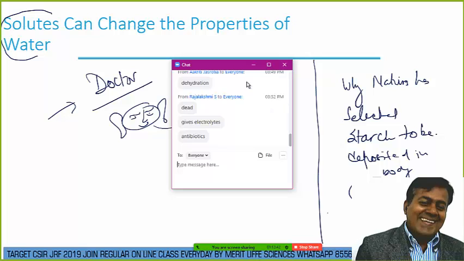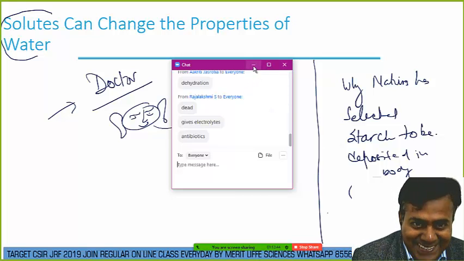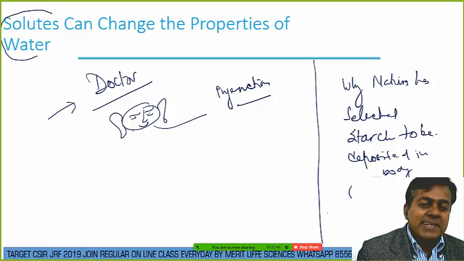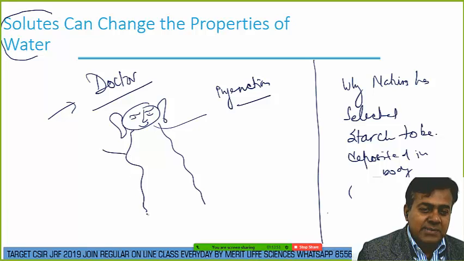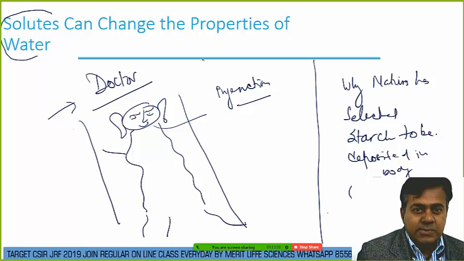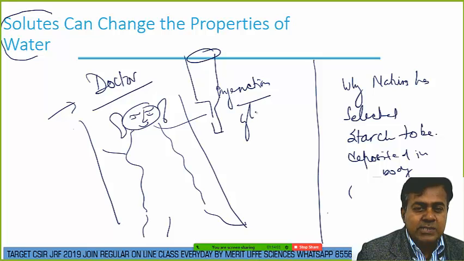Rajlakshmi, you are a full doctor. Now, any patient, not you. Okay, so this is the patient. Now the electrolyte is given, right? Glucose is given. Why is glucose given?